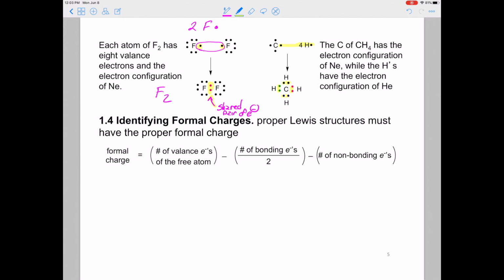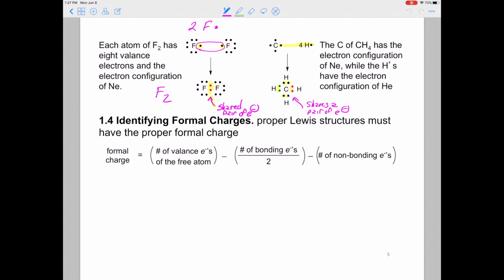Each CH bond now shares a pair of electrons. So carbon now has 8 electrons in its valence shell, and so it has the noble gas electronic configuration of neon, and each hydrogen atom has 2 electrons, and it has the noble gas electronic configuration of helium.